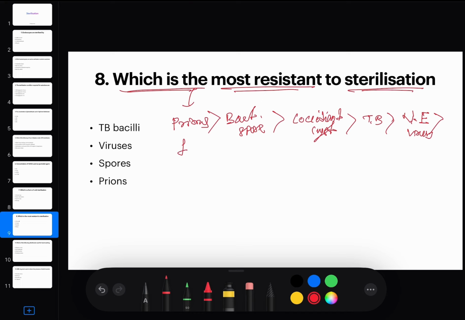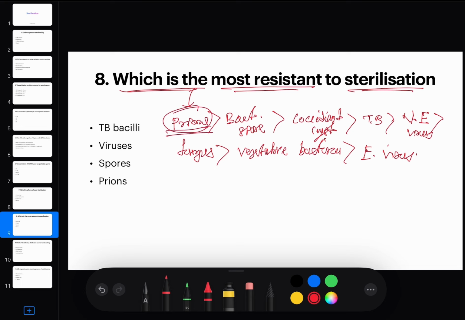followed by fungi, then vegetative bacteria, followed by enveloped virus. The most resistant to sterilization is prions.